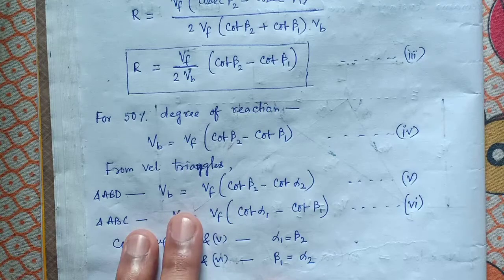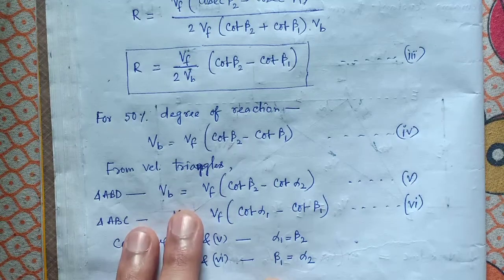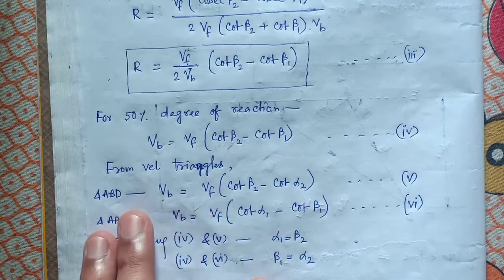Again I am repeating, generally the total enthalpy drop in a stage is equally divided between the fixed and moving blades. This stage is then called a 50% reaction stage.